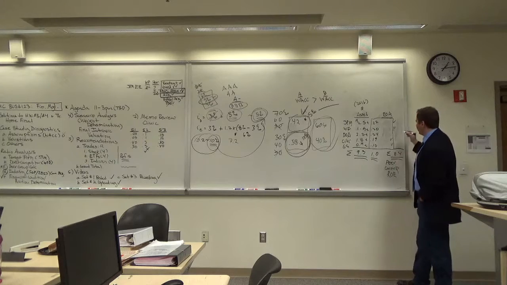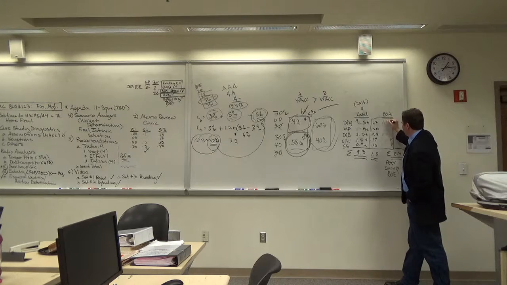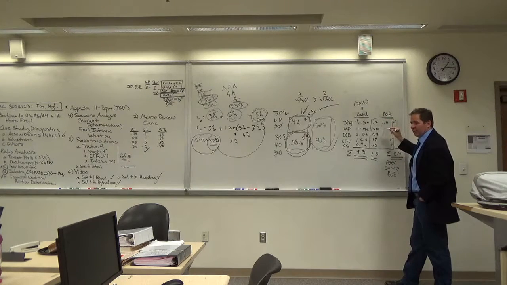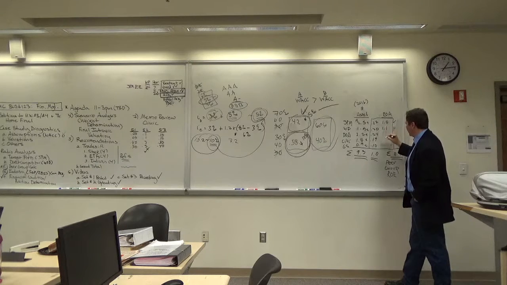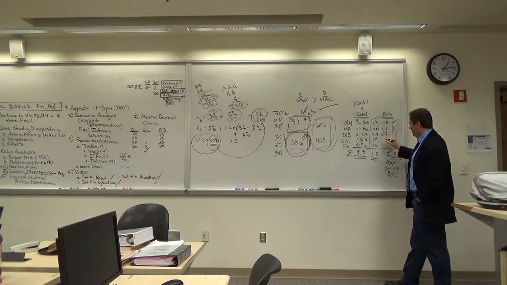JP is 1.0. Okay, that seems right. Wells Fargo is 1.1. That seems right. BofA, 0.7. That sounds right. Citi's 0.7 as well. And Goldman's 0.6.